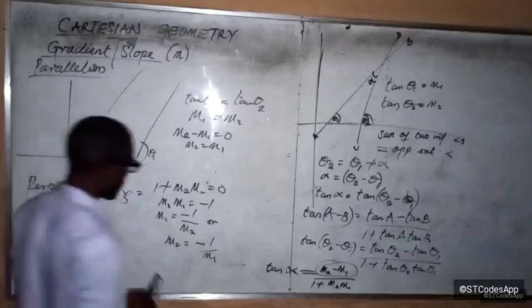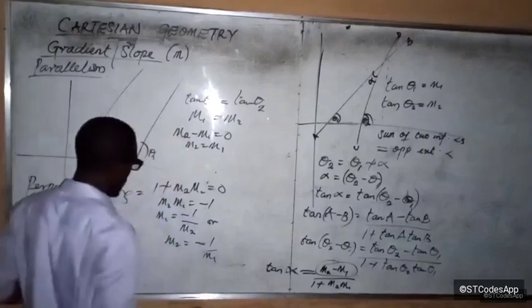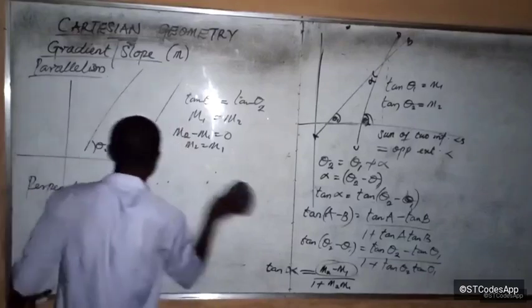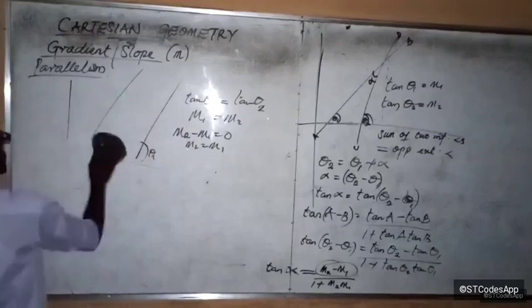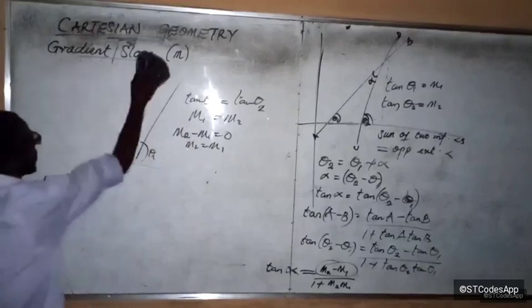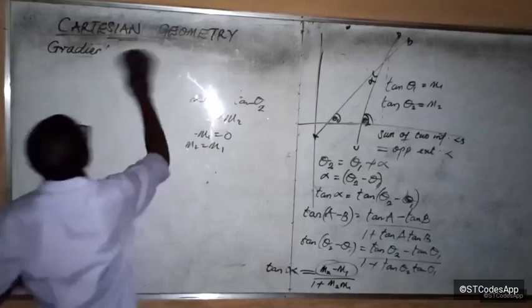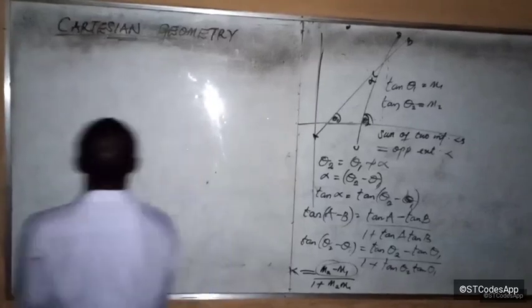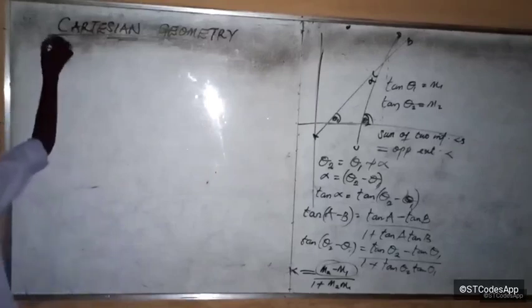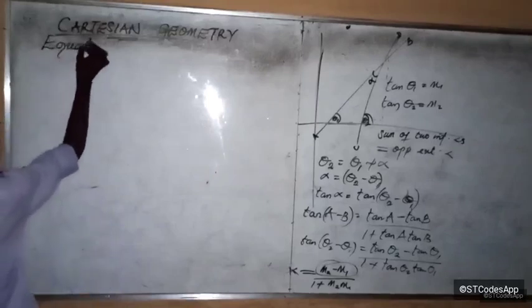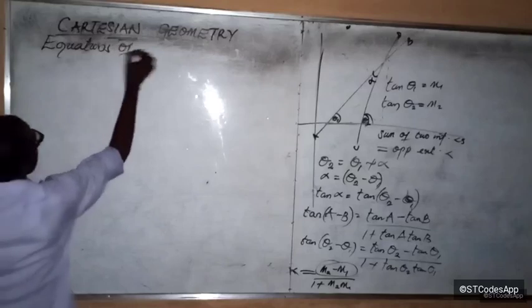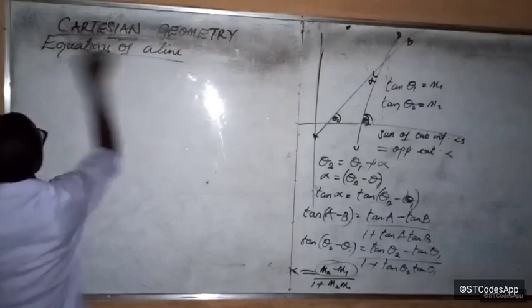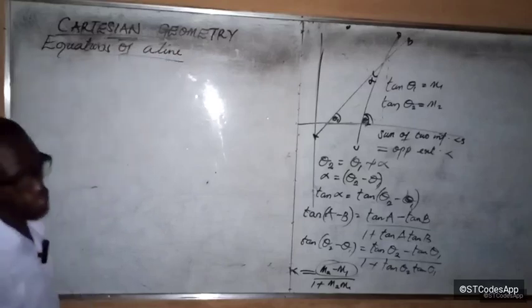So let's talk about the equation of a line. What are the equations of a line? The equations of a line depend on different conditions.